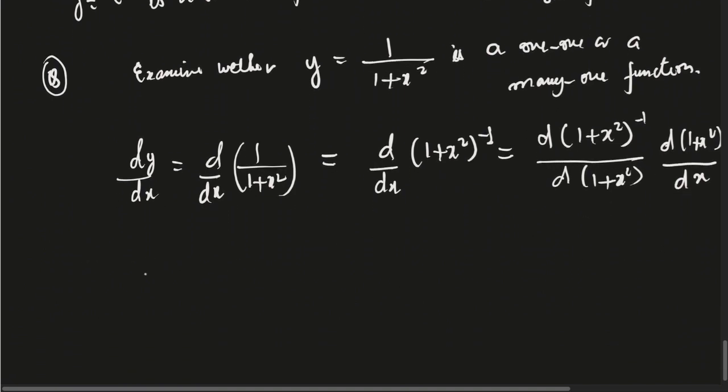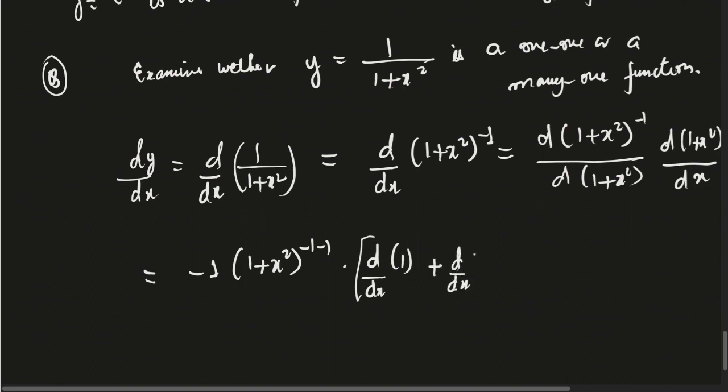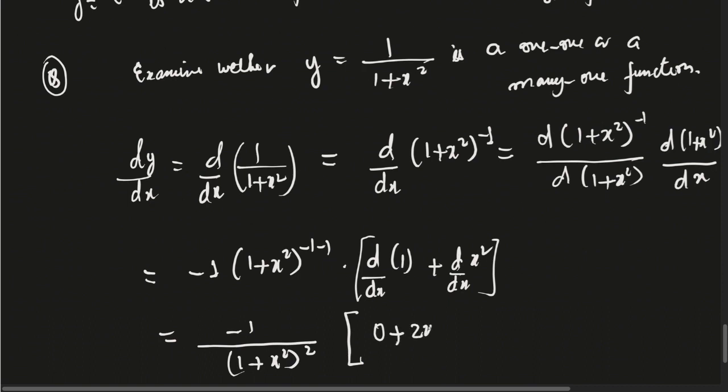So what will this give? This will give negative 1 plus x square to the power minus 2, into d of dx of 1 plus d of dx of x square. So this comes out to be minus 1 upon 1 plus x square whole squared, and this comes out to be 0 plus 2x.